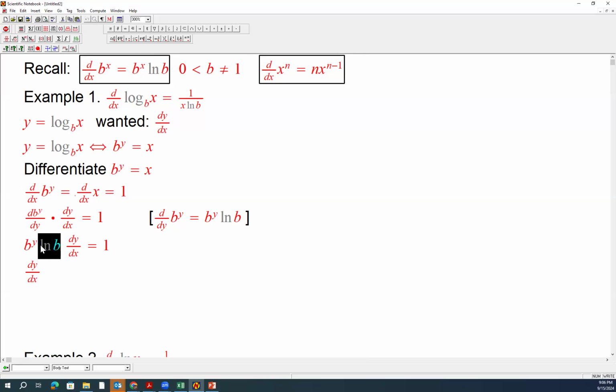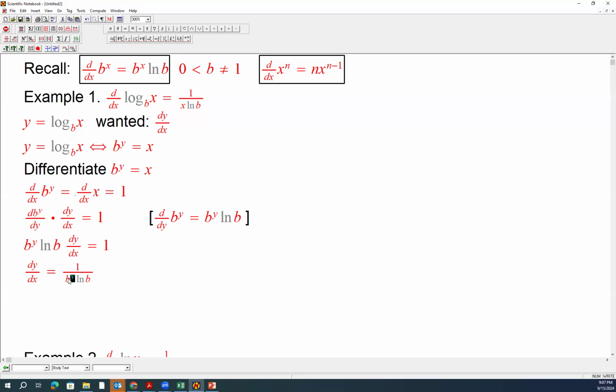Because b is not 1, ln b will not be 0. And b to the power of y is always positive, so we can divide both sides by b to the power of y times ln b, and we get this piece. We are very close.